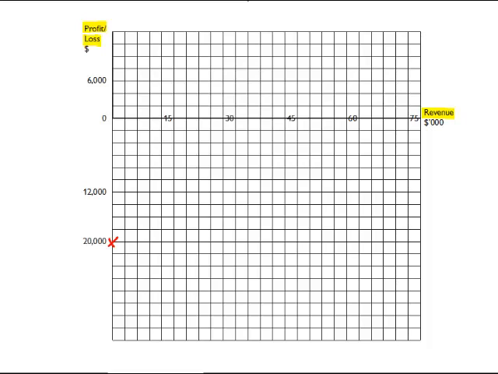So that's going to be round about there. When we get cumulative revenue of 41, we're on to 0. And 65, we make a profit of 6,000. So that's roughly where the points are going to go. What we now need to do is join them up.